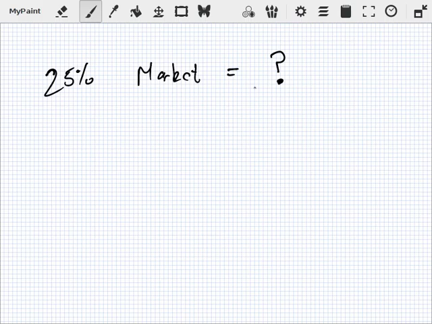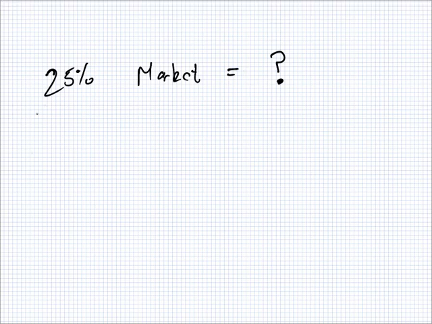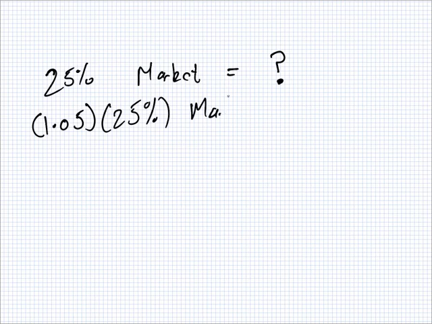Now its share increases by 5%, so that'll be 1.05 times 25% of the market. And also we don't know how much that is. But what we do know is the difference. We know how much of an increase it was from here to here.